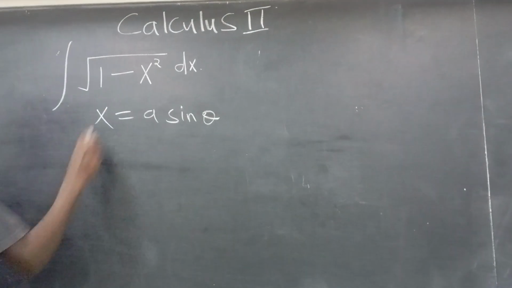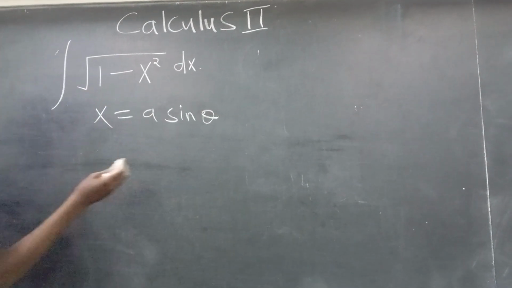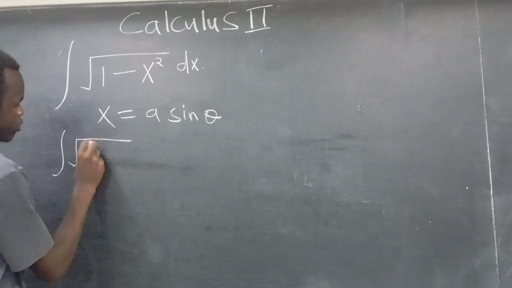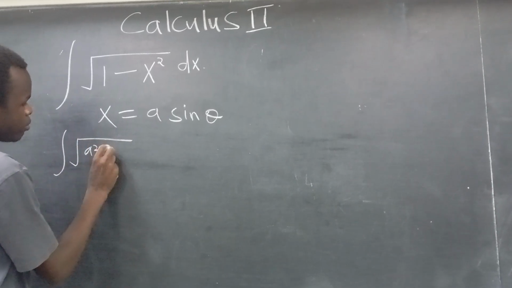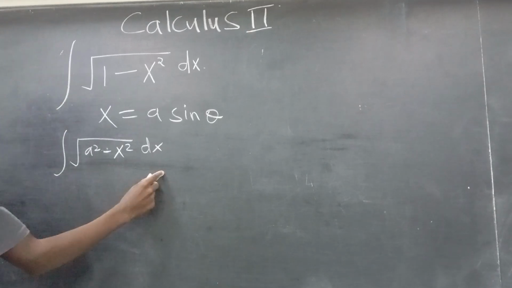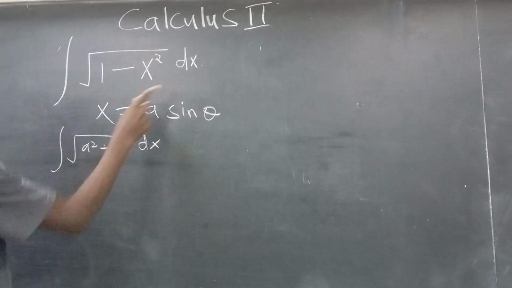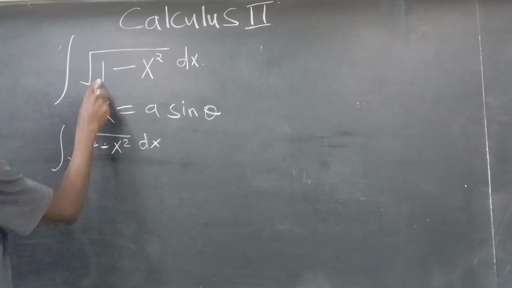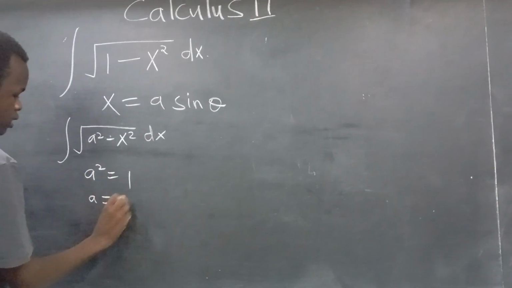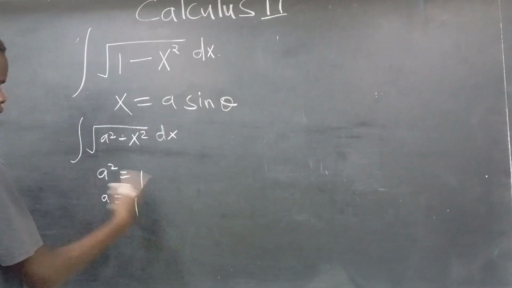The formula for sine says it's the integral of the square root of a squared minus x squared dx. This is the same as that, so I'll take my a squared to be 1, so my a is just 1.